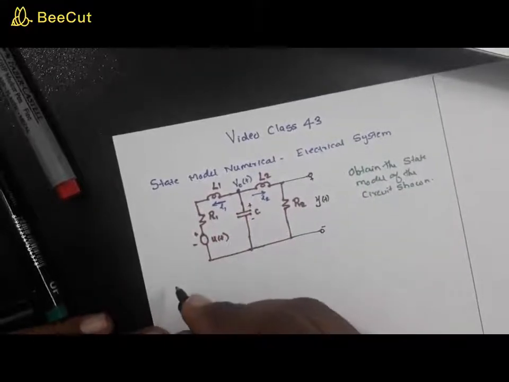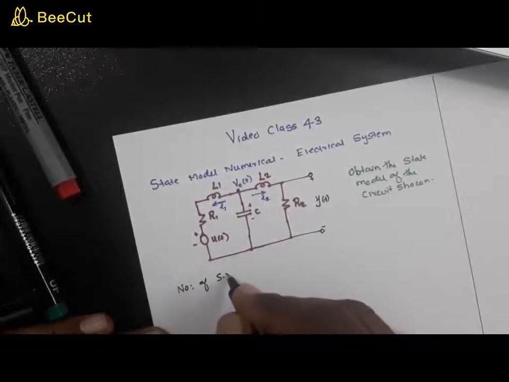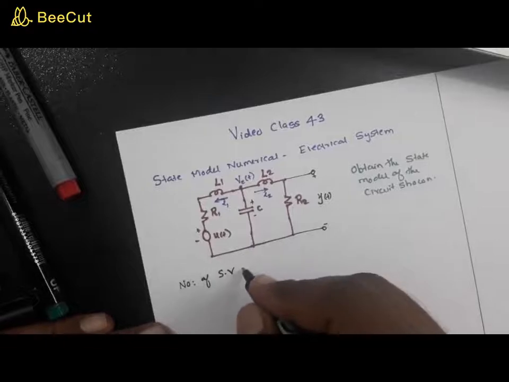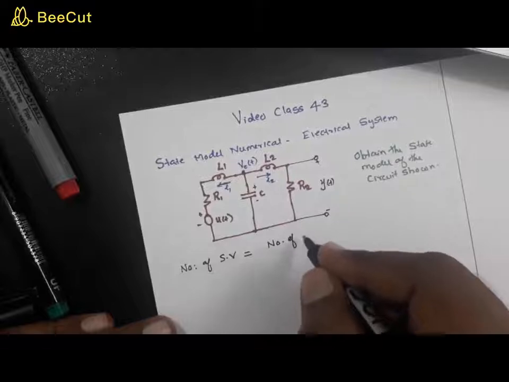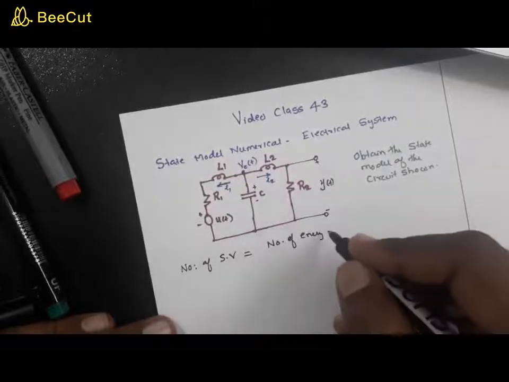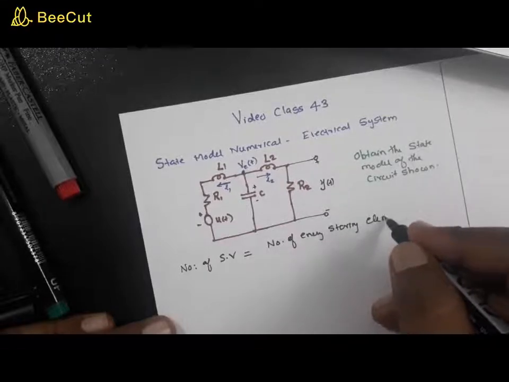Now, how will you calculate the number of state variables? As I have mentioned earlier in one of the videos, the number of state variables is equal to the number of energy storing elements.